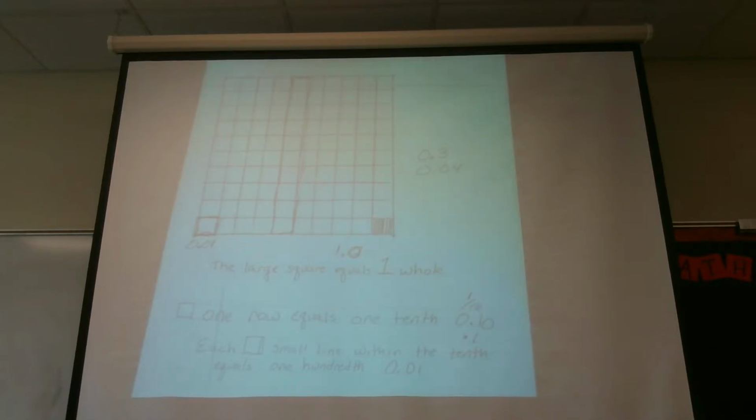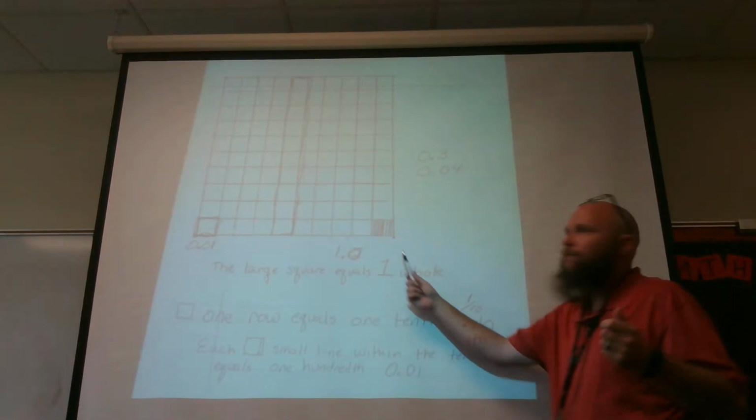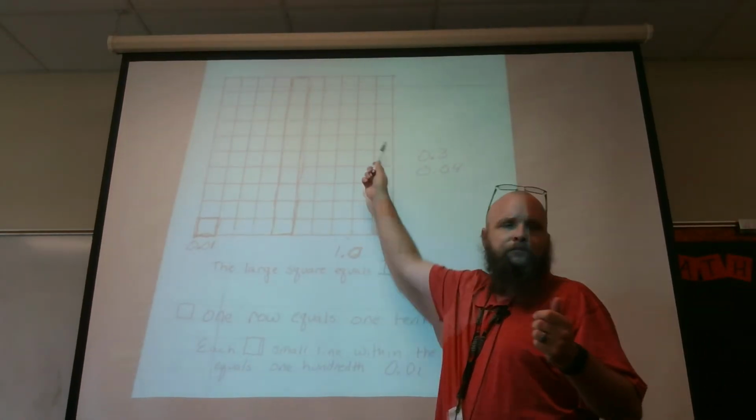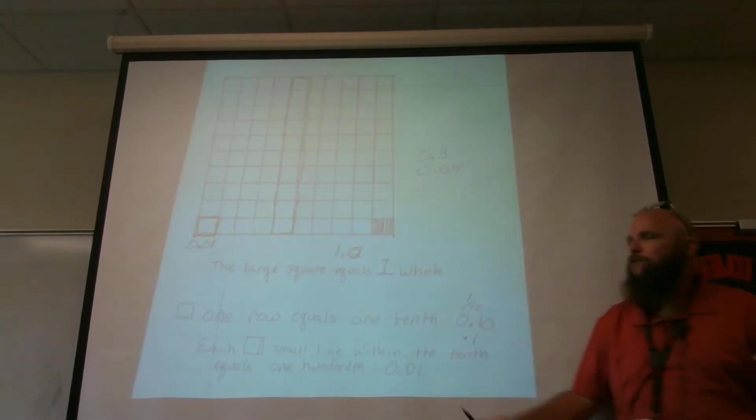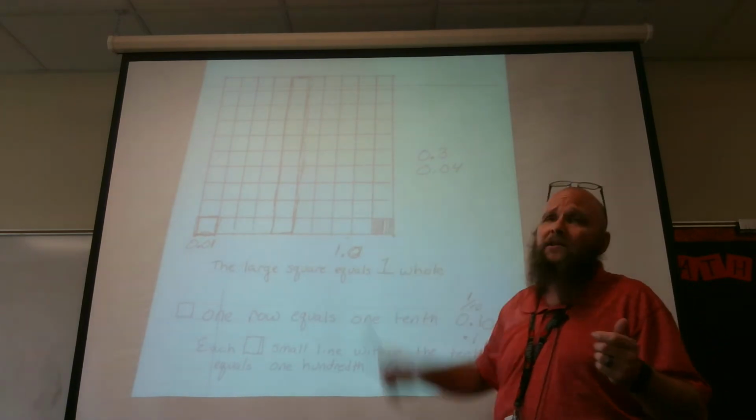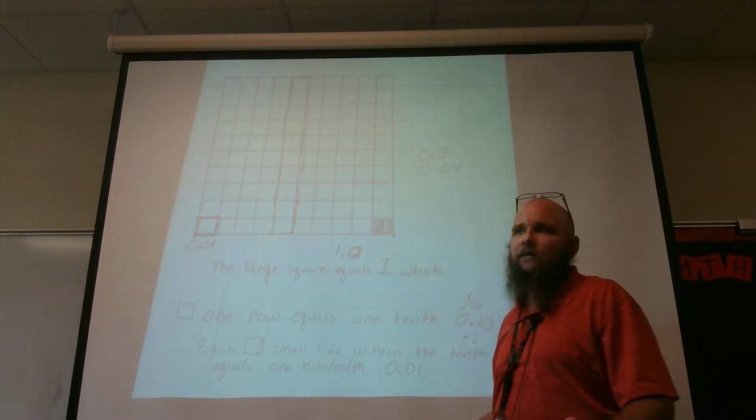Now when we only go to tenths and hundredths, I like to think of it as money. And a tenth would be worth what? 10 cents, or a dime. So if I said you have 1/10 of a dollar, that means you have a dime.